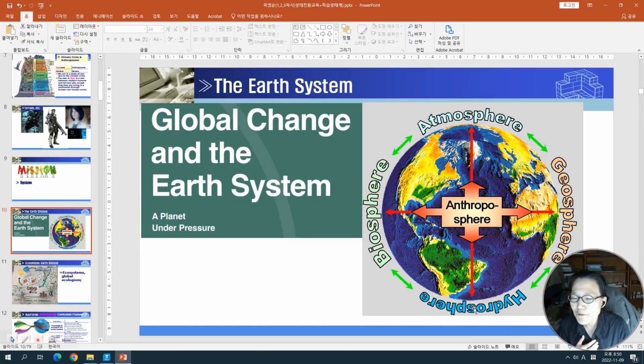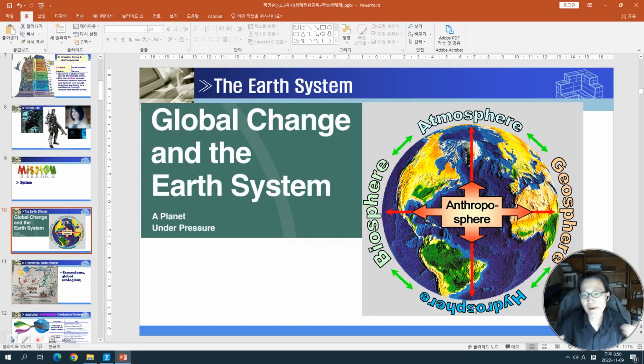We are so familiar with the system. Human beings consist of all kinds of subsystems. Some subsystem is about digestion. Some subsystem of the human body is about circulation of blood. So we are familiar with the concept of a system. So whenever we say ecosystem or earth system, it means it consists of sub-parts.